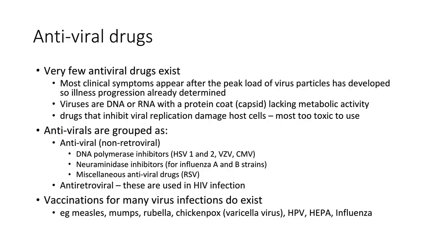Now, we do have a number of vaccinations for the virus infections because we can use a portion of the virus to trigger an immune response by the body to make antibodies against that particular disease. And by using a portion of the virus, then we avoid actually causing somebody to be infected with the virus, but we can make the immune system respond to a portion of it.